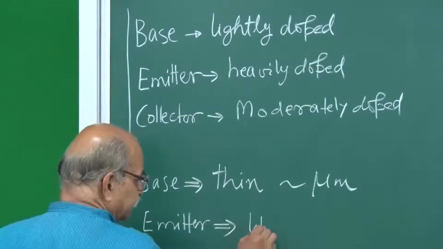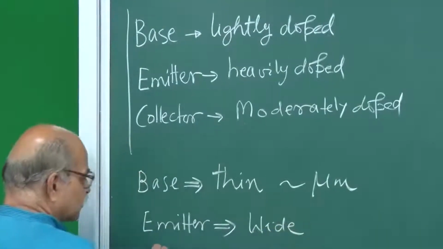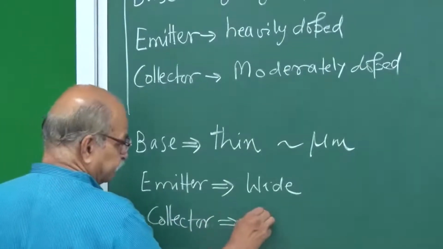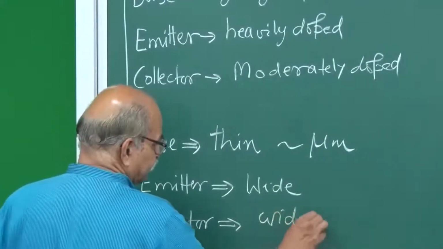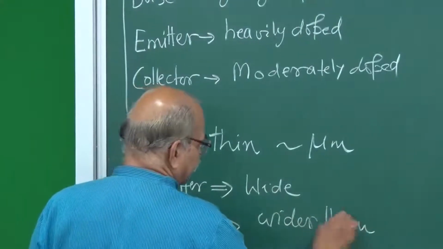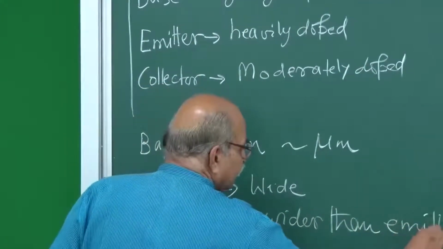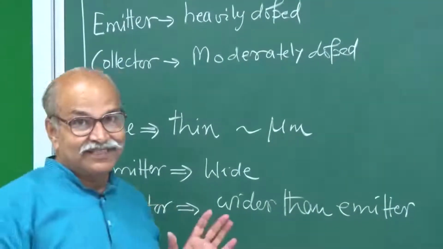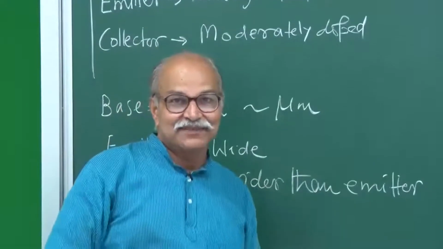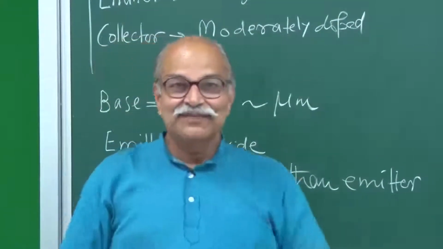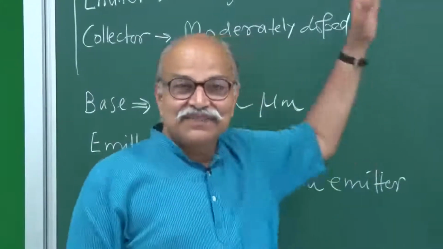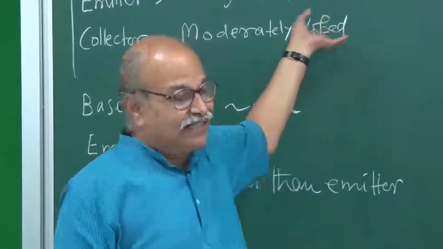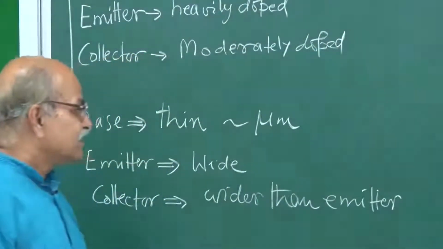So this is wide, and the collector is also somewhat wider than the emitter. And there is a purpose to it. That is why the transistor is so important, and can make so many useful devices, because of these parameters that people have searched for and created in such a transistor.